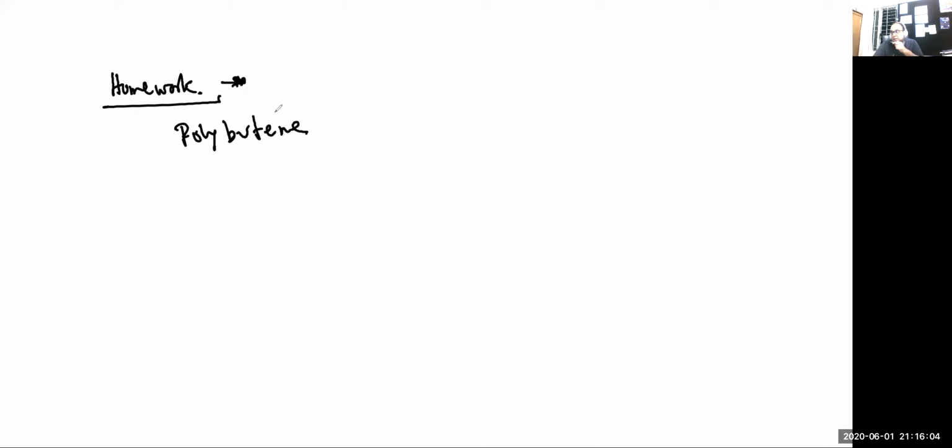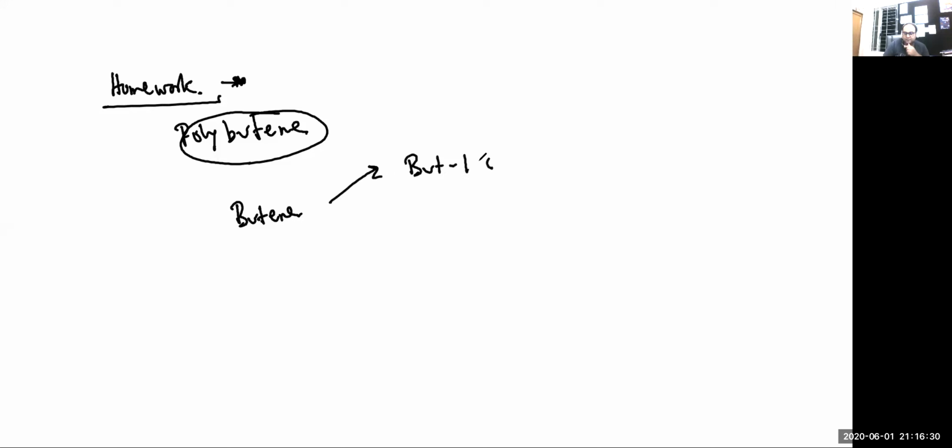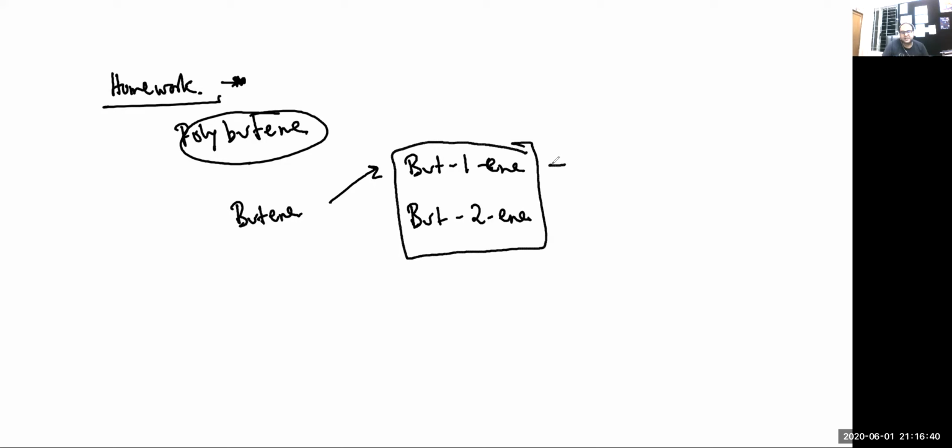First you will draw butene. After drawing butene, there are 2 examples: but-1-ene and but-2-ene. You have to draw examples of these two. So one will be poly but-1-ene, and the other will be poly but-2-ene.